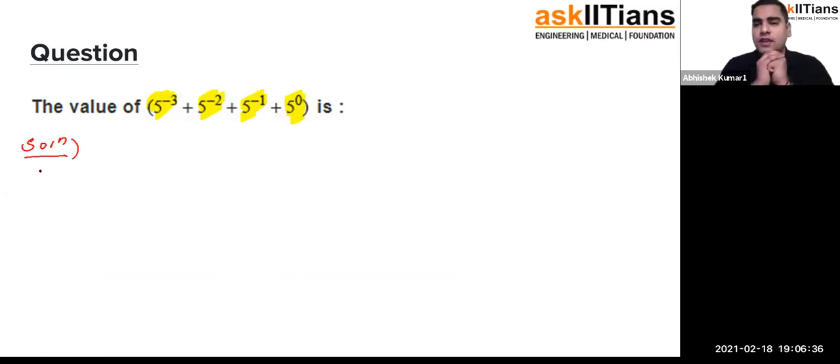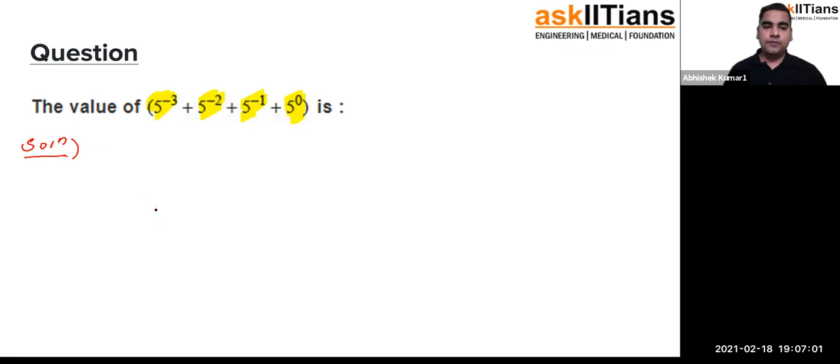If you observe, the first three terms have negative powers, correct or not? First term is 5 raised to the power minus 3, second is 5 raised to the power minus 2, third is 5 raised to the power minus 1, and the fourth is 5 raised to the power 0. So I think if we can make the powers positive, it is going to make things quite easy for us.